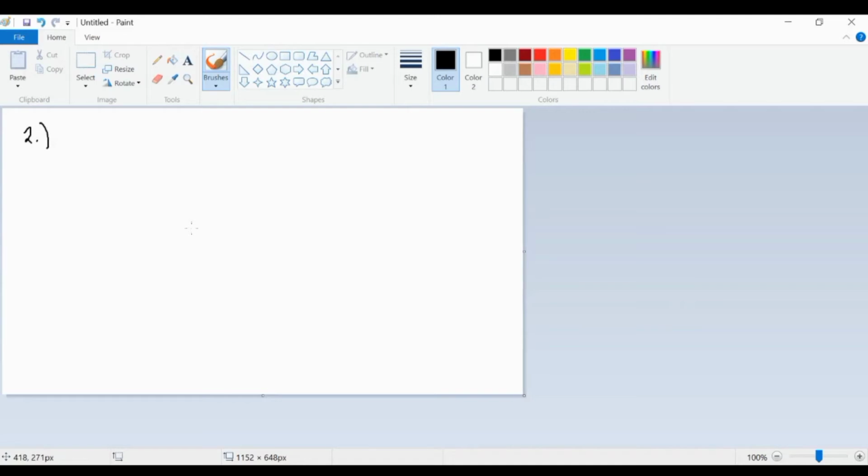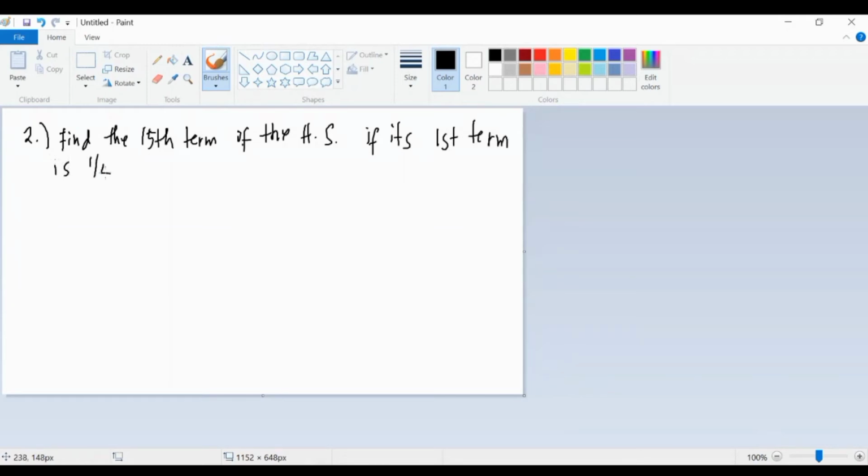Okay, for our number 2 example, let's say we are going to find the 15th term of the harmonic sequence if its first term is 1/4 and the common difference is 1/2.